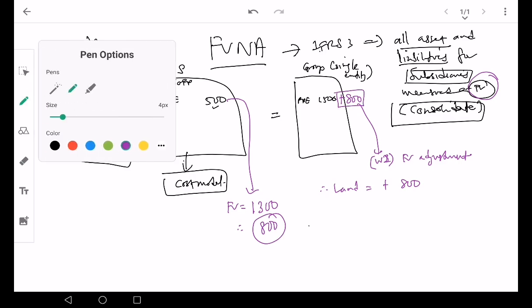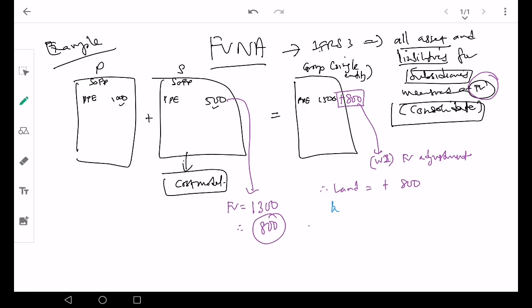However, if the scenario is a building, and the building has a remaining useful life of 10 years for example, what will you do? Correct. From the additional of this 800, you must minus the depreciation, and this depreciation is only charged to the group statement.